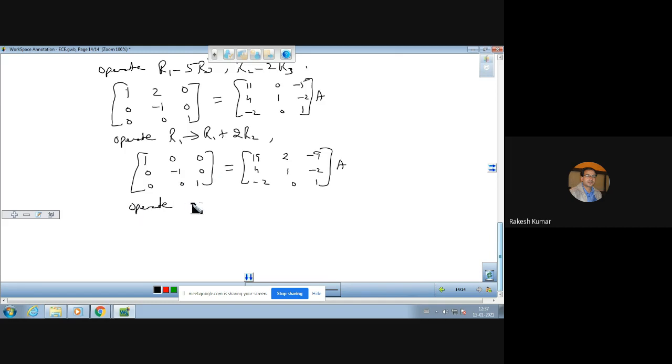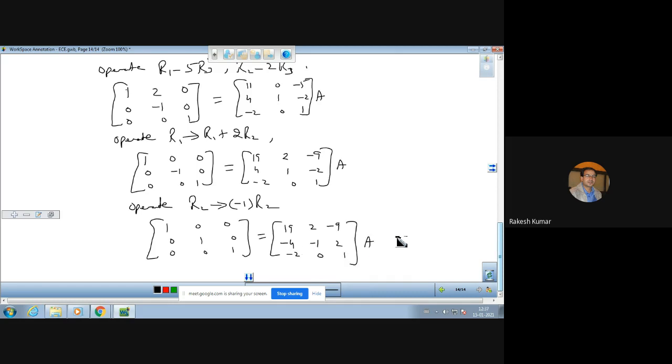So operate R2 as minus 1 into R2 and you will get the I matrix here: 1 0 0, 0 1 0, 0 0 1. Similarly, we shall have 19 2 minus 9, minus 4 minus 1 2, minus 2 0 1 into A.